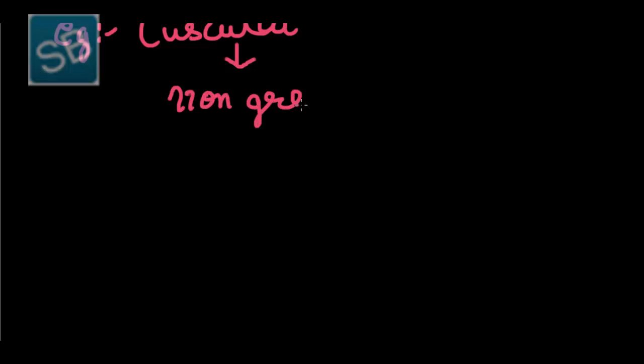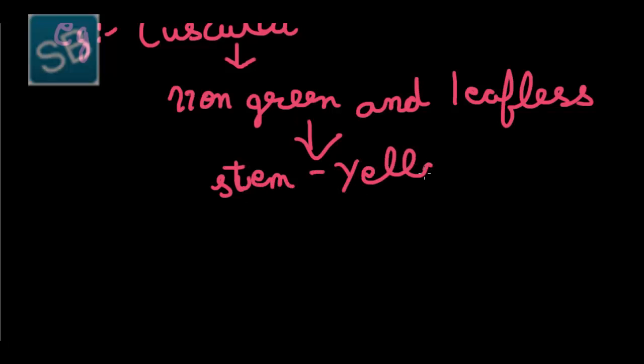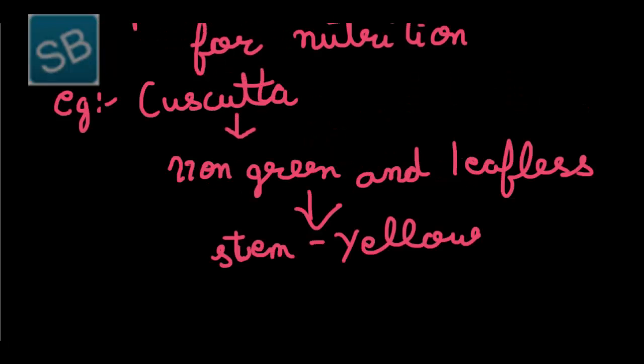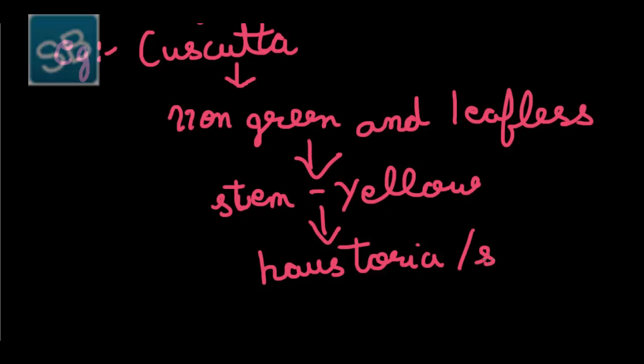Cuscuta is a non-green and leafless plant. Its stem is yellow and twining. It is a parasite. It develops specialized structures known as haustoria or suckers at the point of contact with the host.